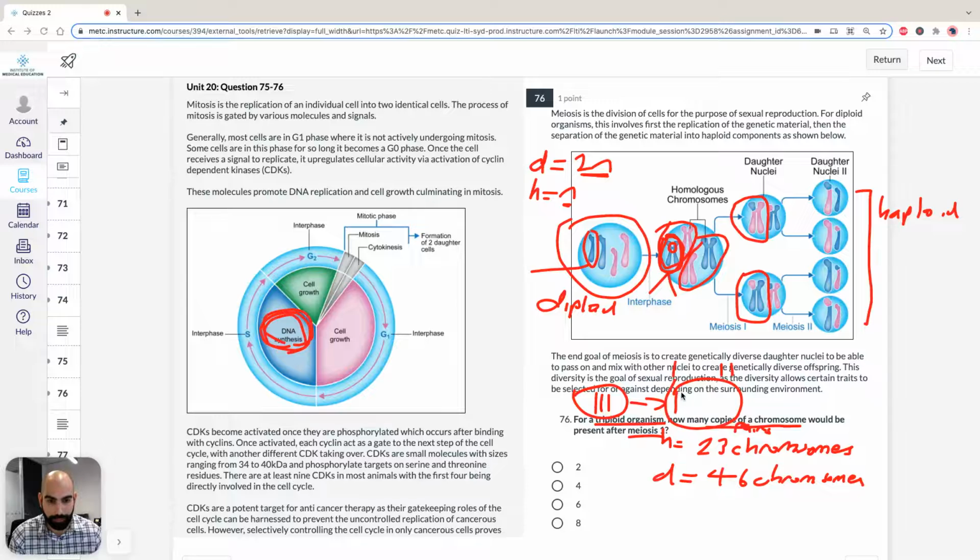Here's 1 chromosome, 2 chromosome, 3 chromosome. They replicated, and you can see that now we have 1, 2, 3, 4, 5, 6. So 6 copies of your chromatids for 3 chromosomes here. So we have how many copies of your chromosome? 6. So that's your answer.